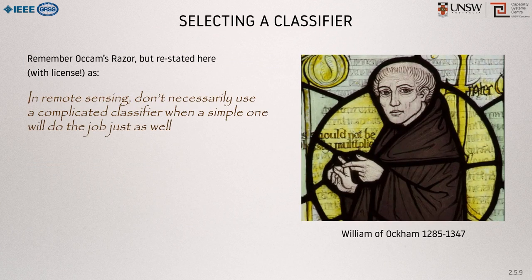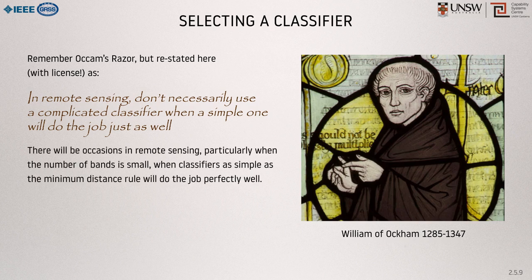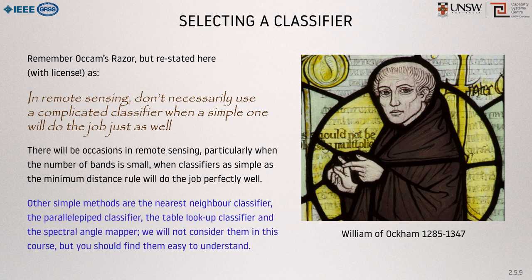We are going to meet a number, but not all, classifiers that are used regularly in remote sensing. Some are quite complex and require a lot of user effort to make them work effectively, but they can give exceptionally good results. When selecting a method, though, it is important not to go overboard in always choosing the newest and potentially the most complex one. Often the simple algorithms will work just as effectively in many real-world applications.